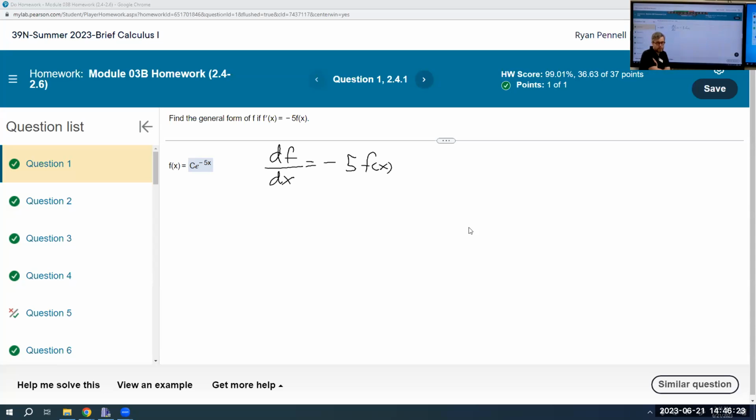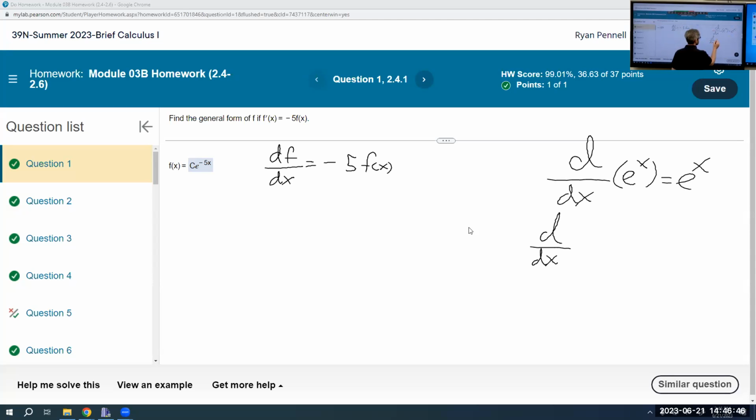Well, what function do we know that is its own derivative? Well, that's e to the x that we've been talking about, right? So d/dx of e to the x is e to the x. That is to say, d/dx of e to the -5x is -5 e to the -5x. Okay? That's what it is.